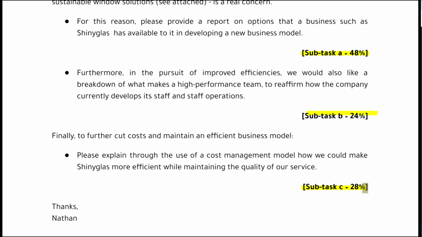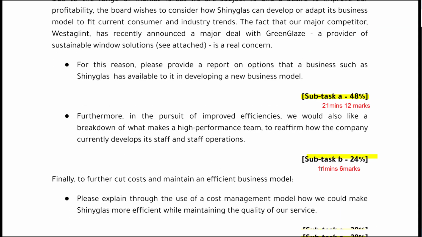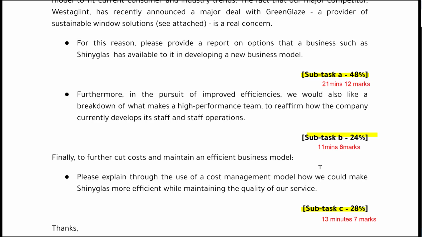So what we really need to do at the beginning of every task is work out how long we should be spending on it. So then when we start reading through it, start planning it, start writing it, we are always on time. We're always following the clock. So there we go. If we try and get all these in, we can see that we've got the timings and the marks for each one.